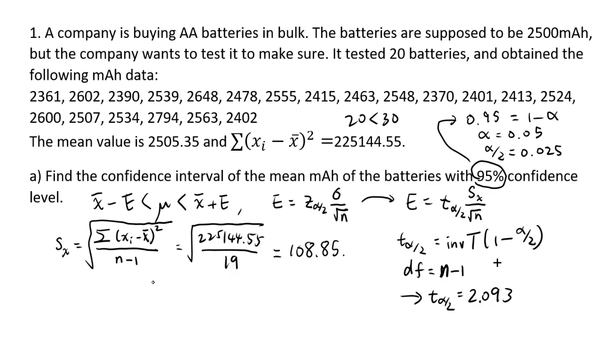Now we have almost everything that we need. We have E equals 2.093 times 108.85 divided by the square root of n, which is 20. Let's put that into the calculator and see what that gives us.